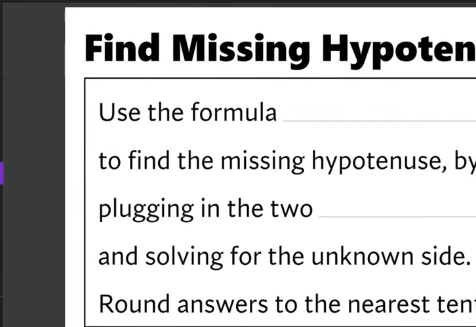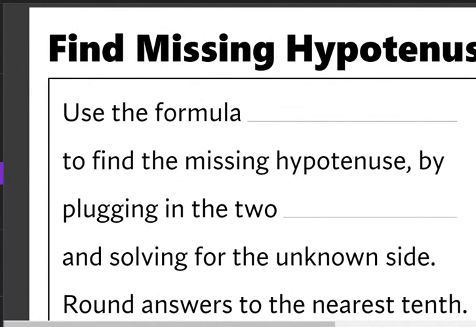So how do we find the missing hypotenuse? In order to find the missing hypotenuse, we're going to use the formula a squared plus b squared. And what does it equal? Recall your 2.0 skill. It equals c squared.